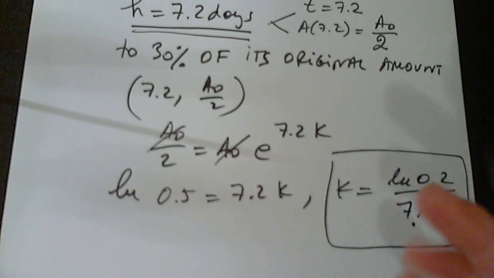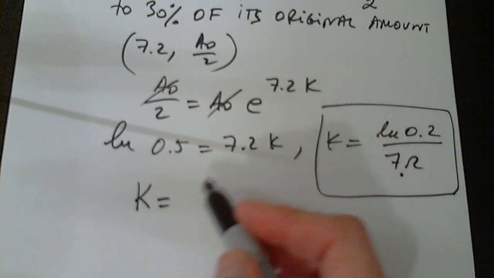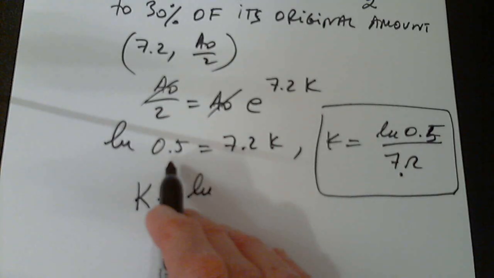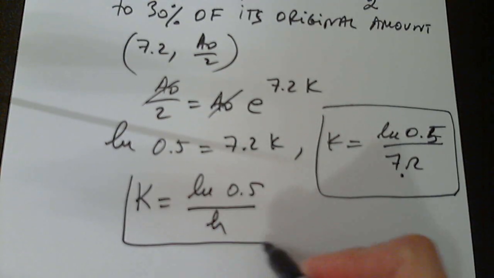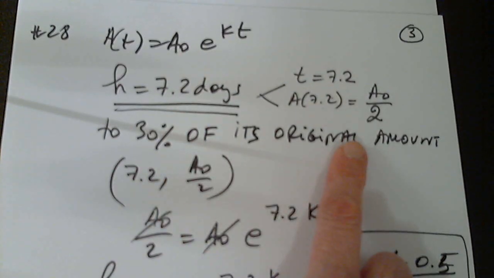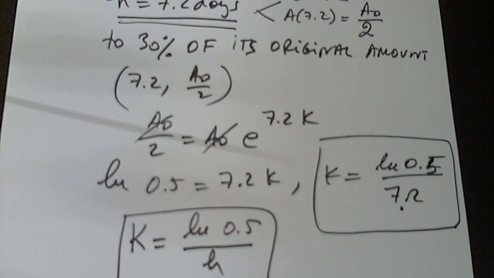Of course, I haven't finished, but what I'm saying is you either memorize or write it down: natural log of 0.5 divided by the half-life. That will be your decay rate. Or you go through the steps, you don't have to memorize anything, as long as you understand that the half-life gives us this point. Then you can always develop it in 30 seconds. If not, you can just use the formula.